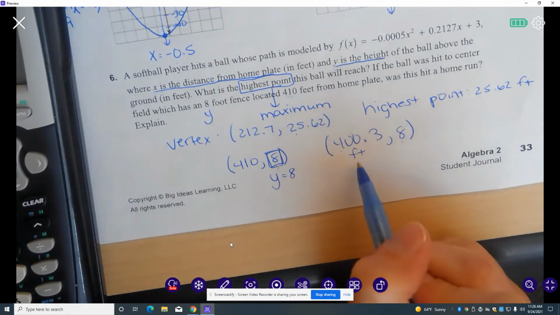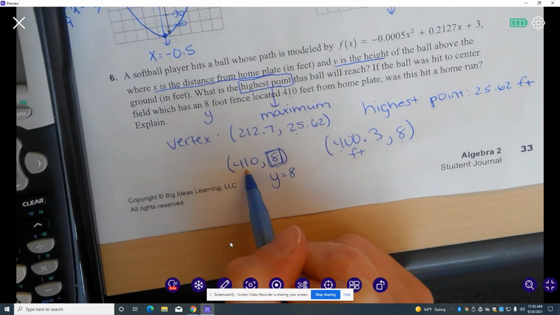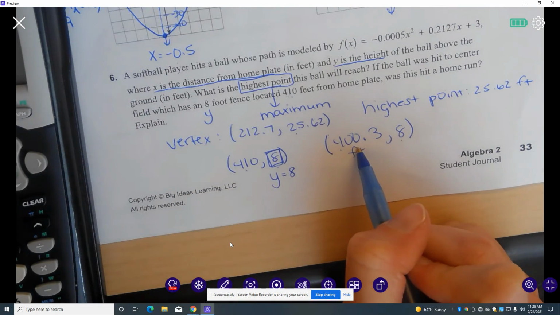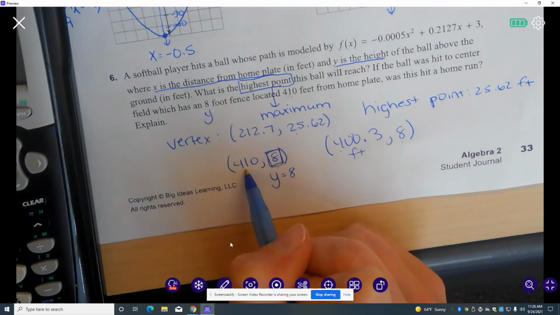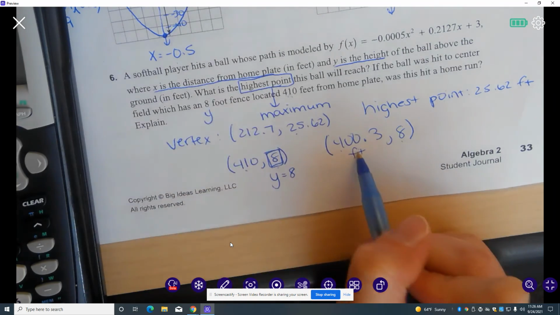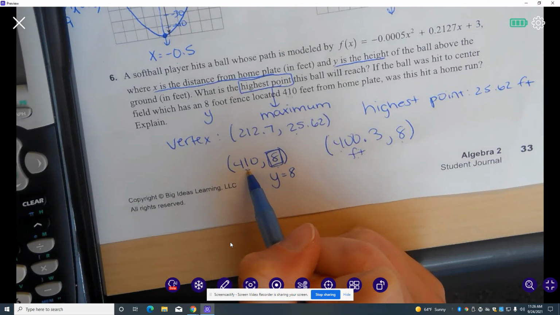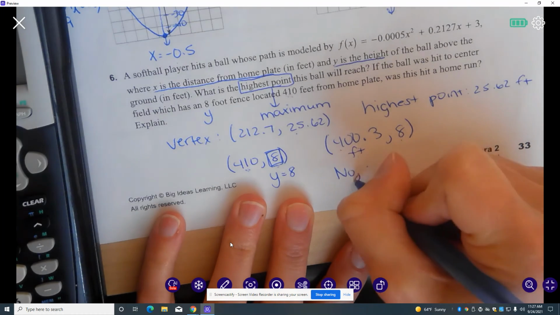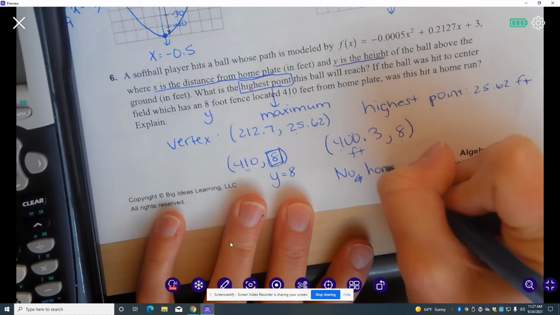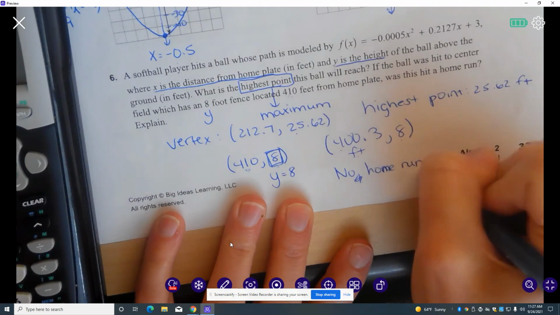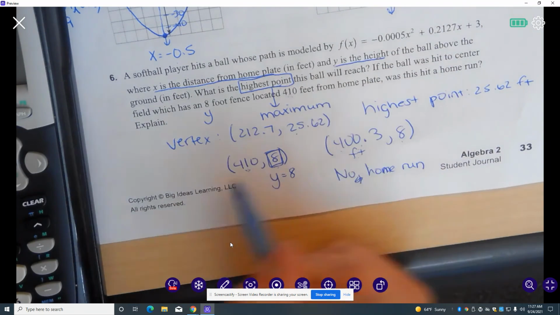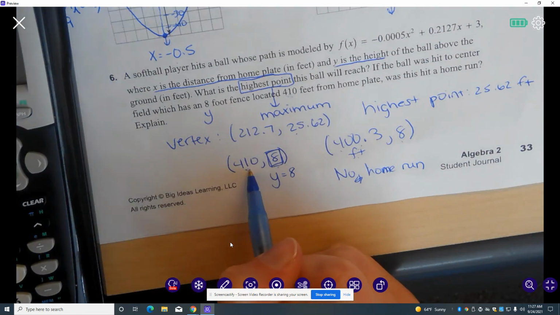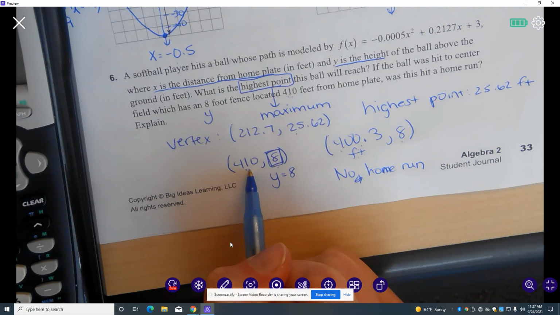So I'm wondering, is that far enough to be a home run? Well, it's not, right? 400.3 is less than 410. So this didn't make it to the fence. Okay, so we're going to say no, there's no home run, because this distance is not quite 410 feet. It didn't make it to the fence to be a home run.